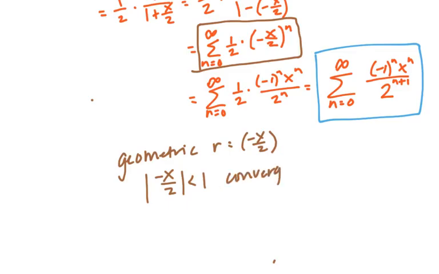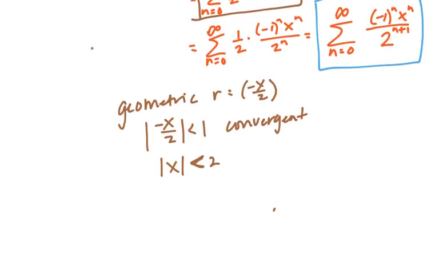Let's multiply by 2, and we have the absolute value of x, because the negative gets absorbed by the absolute value. So the absolute value of x is less than 2. Then we can say negative 2 is less than x, which is less than 2. So our interval of convergence is negative 2 to 2.